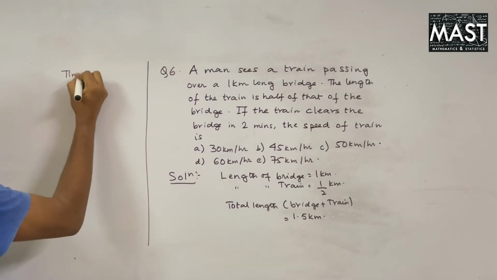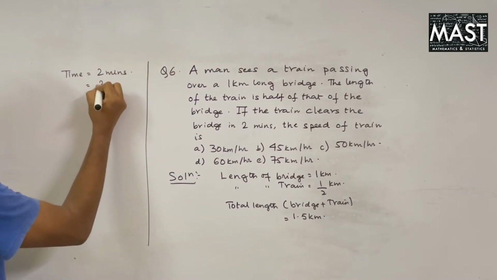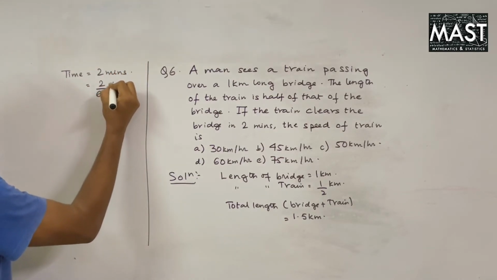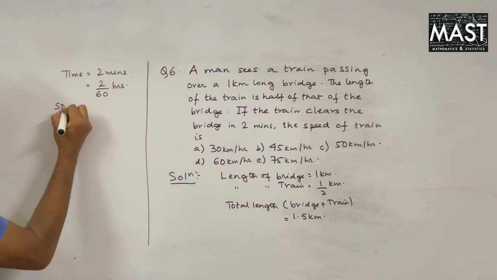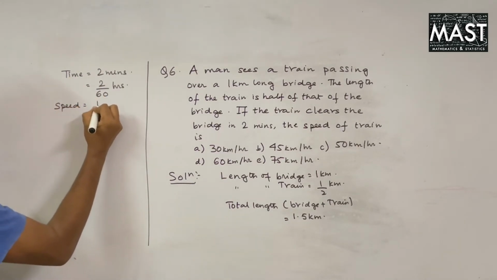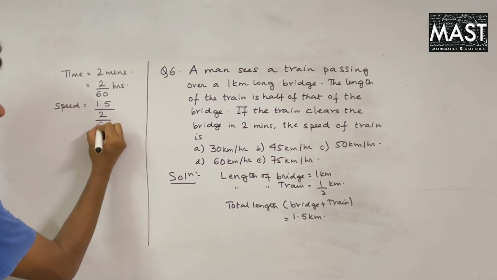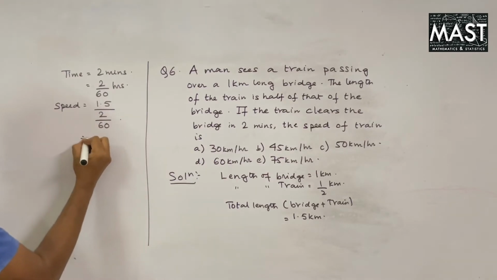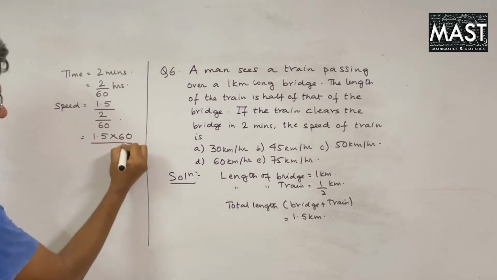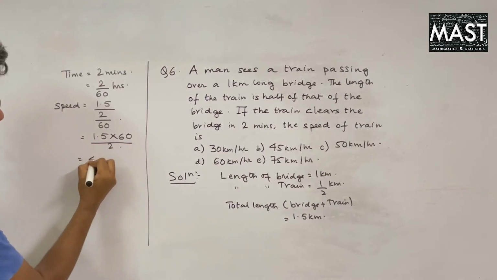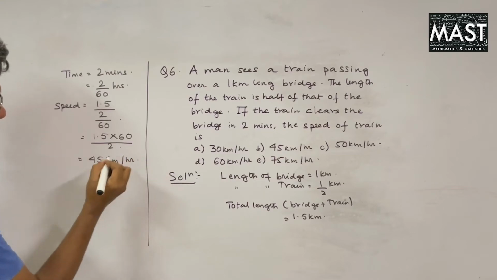Time equals 2 minutes, which is 2 by 60 hours. So my speed would be distance by time, which is 1.5 by 2 by 60. That is 1.5 into 60 by 2, which will give us 45 kilometer per hour.